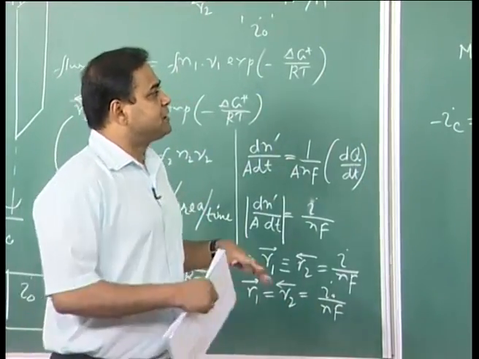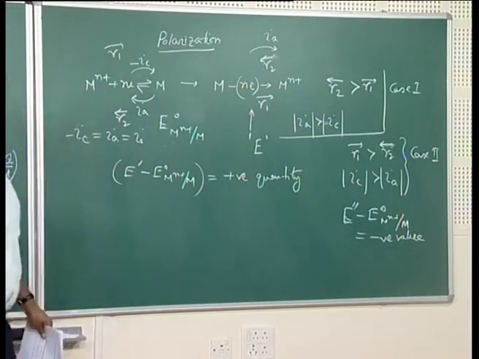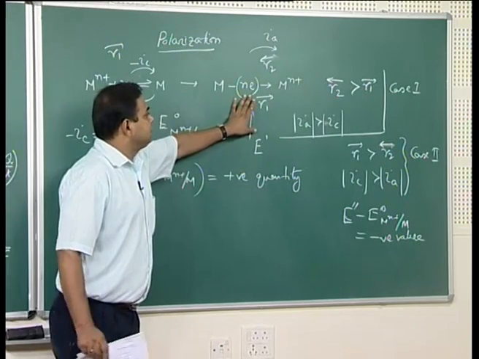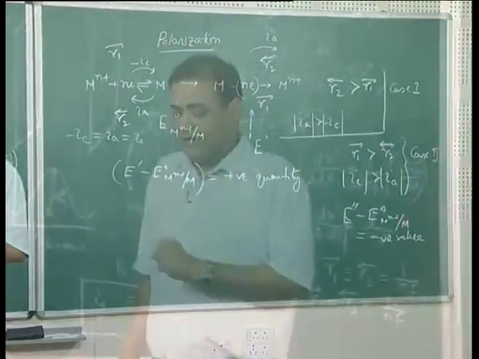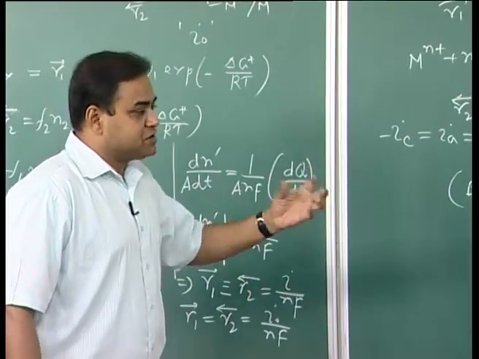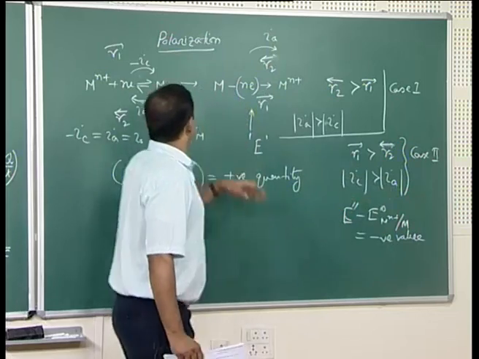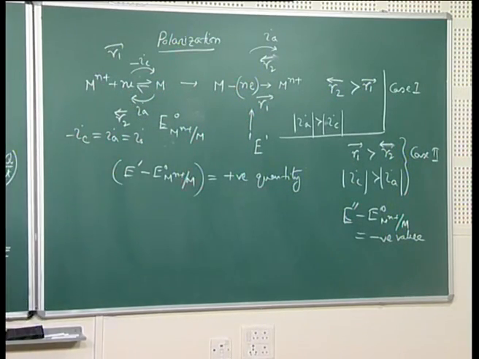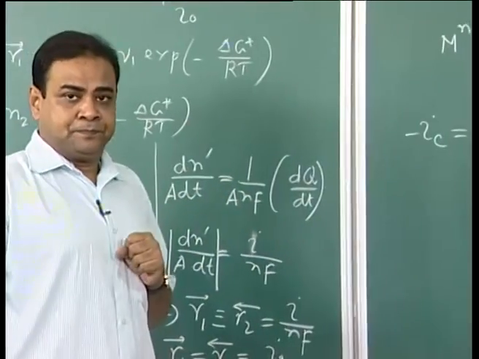So, who is the culprit? The culprit is preferential transfer of electrons. In case 1, the electron is taken away from the metal at a faster rate than the consumption. In this case, where IC is greater than IA, the electron is getting consumed by the metal ion at a faster rate compared to the electron generation.